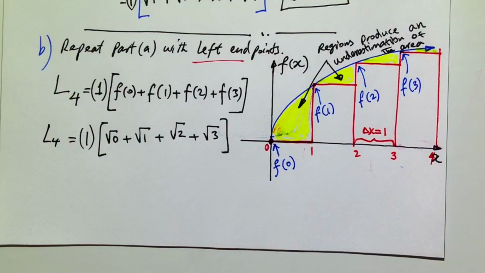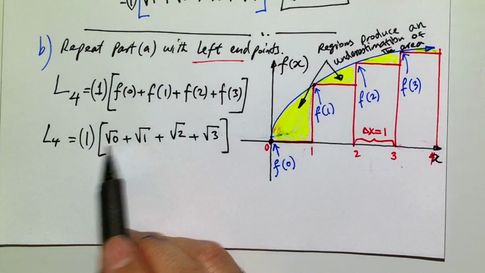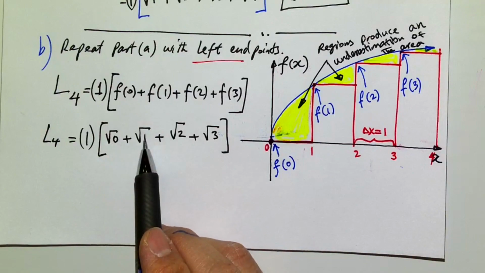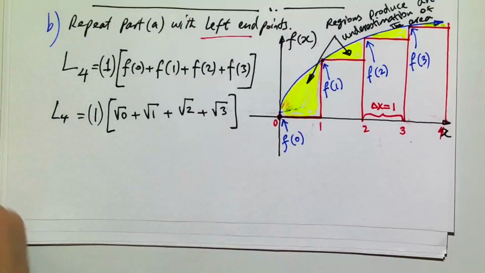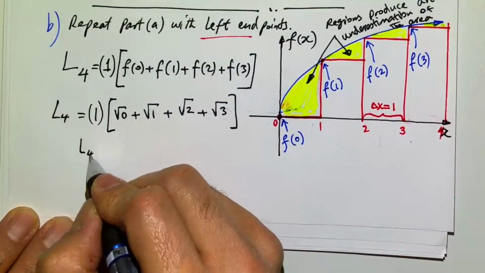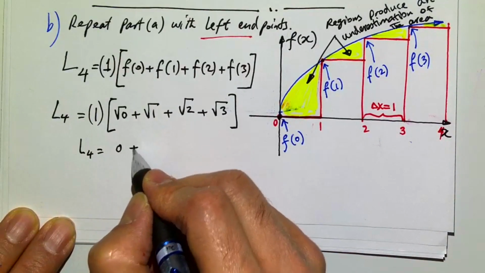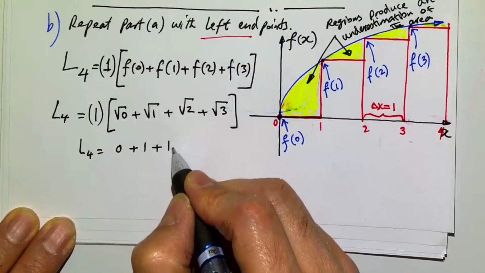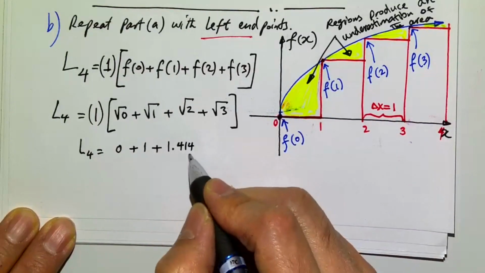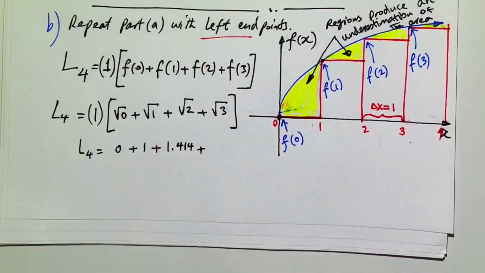I think I need to recalculate this because this number that I have, I can't read that. My notes are pretty cluttered. So this would be just 1, and then this is 0, 1. So we have 0 plus 1, this would be 1.414, and square root of 3.